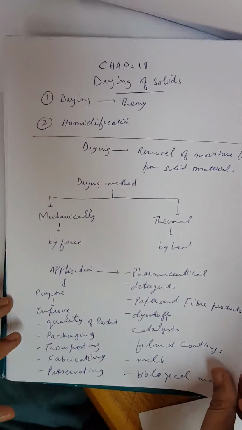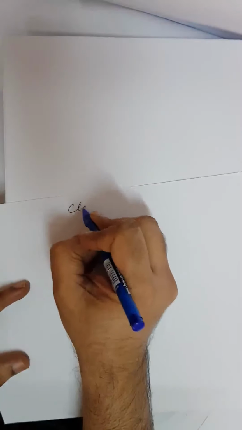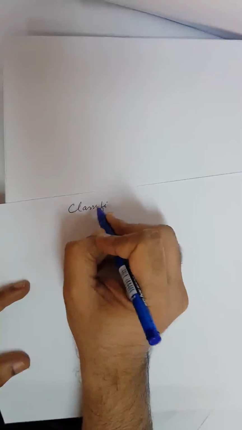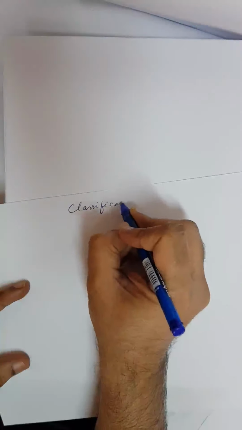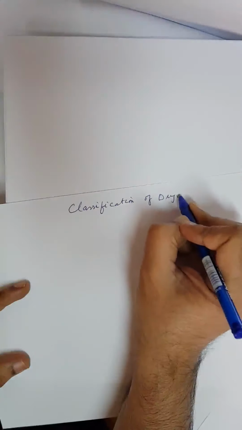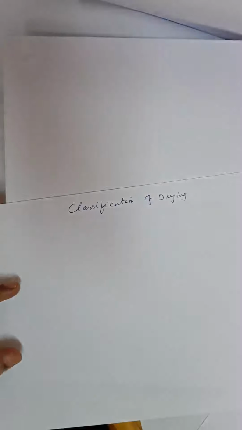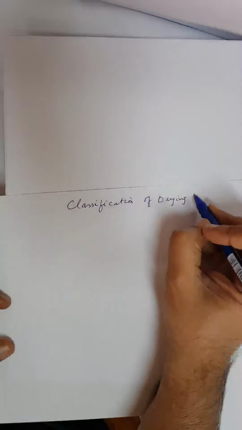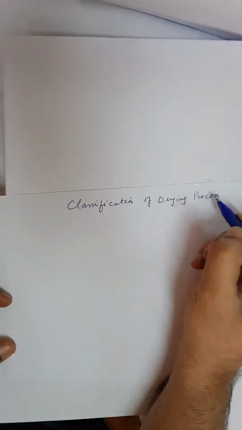So these are the basic stuff for the drying. Then let's talk about the classification of drying process. There are two ways.